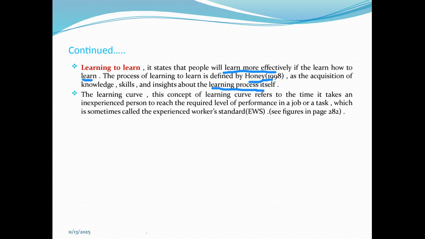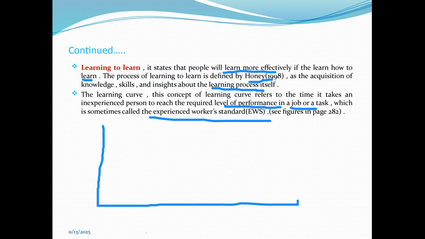The concept of the learning curve refers to the time it takes an inexperienced person to reach the required level of performance in a job or a task, which is sometimes called experienced worker standards. So different people will have different learning curves.